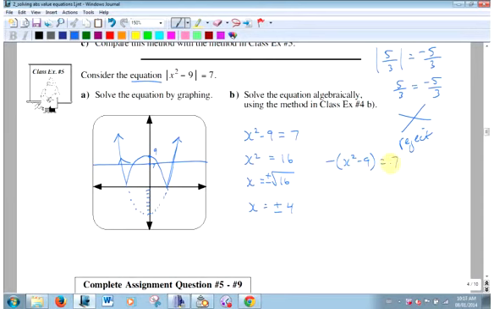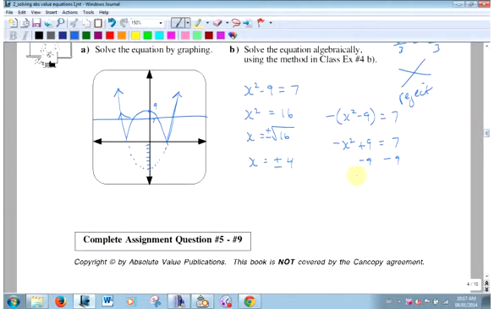Let's solve that guy. Minus x squared plus 9 is 7. Subtract 9 from both sides. Okay, so minus x squared is minus 2. How do I make it positive? Multiply both sides by -1, or put the minus x squared on this side, it becomes positive. Put that on that side, it becomes positive.